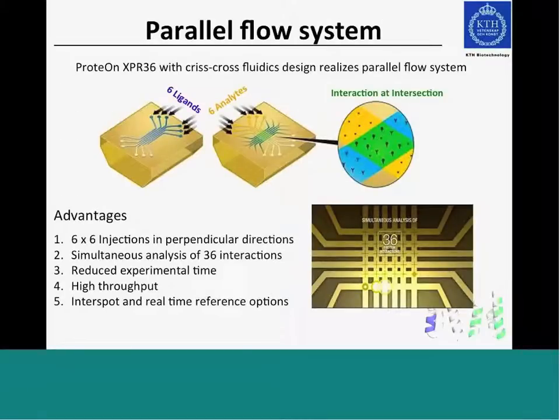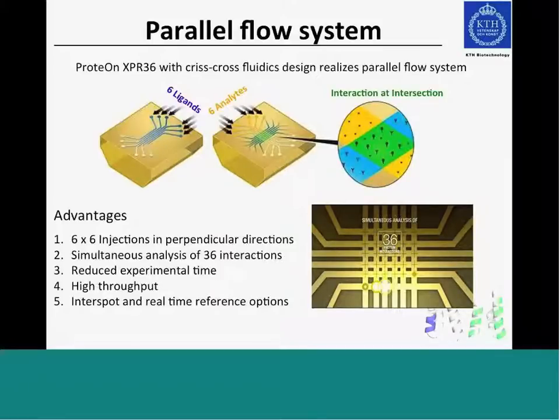So let's focus now on the Proteon system, which is an array format having a criss-cross fluidics design, which is very useful, we think, for different assays. So on this instrument, you look at different spots that have either been immobilized only with ligand or only met analyte, or what is most interesting, been immobilized with a ligand, followed by injection of an analyte, so you get to measure the kinetics.